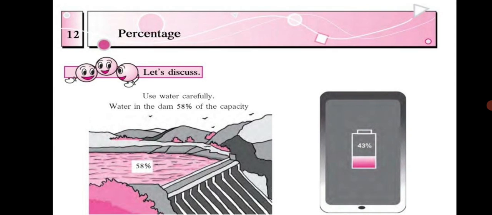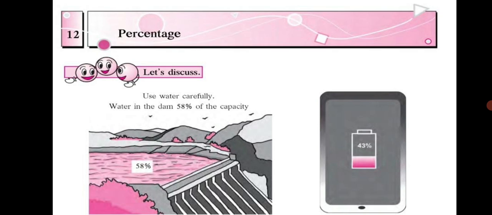Let's discuss. You must have come across sentences like the ones mentioned below. Use water carefully. Water in the dam is 58% of the capacity. With the number 58, you see a symbol, the sign that is used to show percentage.